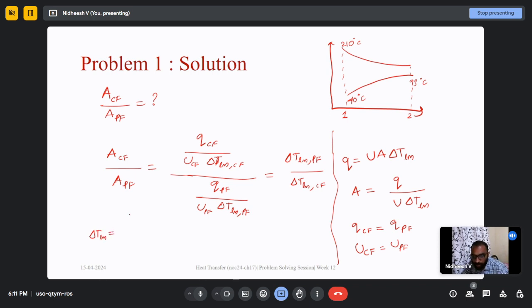Log mean temperature difference is equal to the temperature difference at section 1 minus the temperature difference at section 2, divided by the log of the ratio of the temperature difference at section 1 to the temperature difference at section 2, right? Let's see if we have these quantities for all the cases.